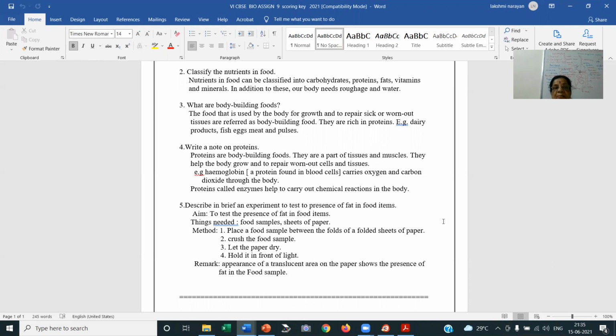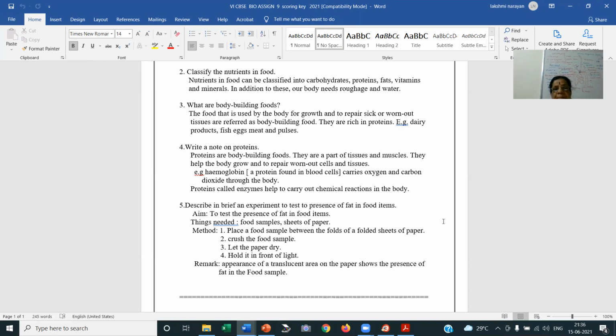Then describe in brief an experiment to test the presence of fat in the food items. To test the presence of fat, we need a food sample, normal oil, and sheets of paper.